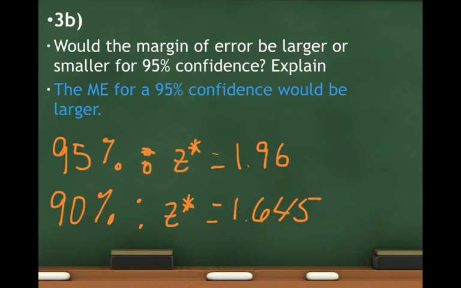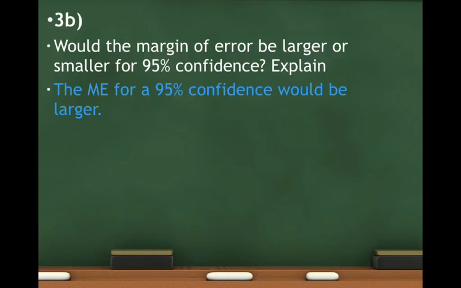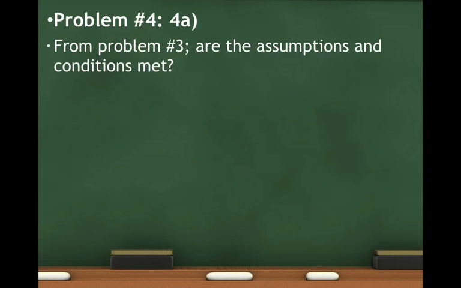And so what we want to do is look at just one more problem from this chapter. We're going to go back to problem 3 that we were just looking at, with the people from Wisconsin who thought the country is going in the wrong direction. What we want to look at is the assumptions and conditions.